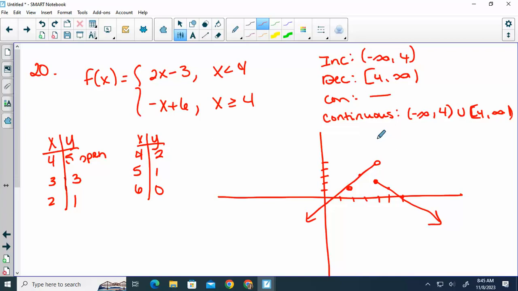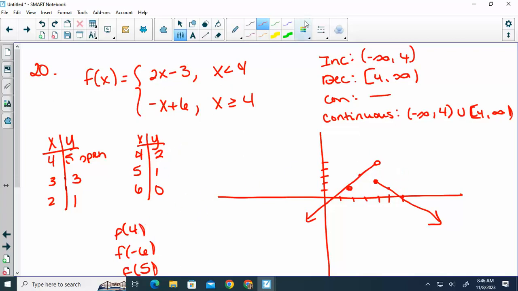Other questions there? So the other thing I wanted to talk about, when I asked for the f of 4, f of negative 6, and f of 5, it might be safer to use your equation rather than your graph in case your graph isn't perfect.